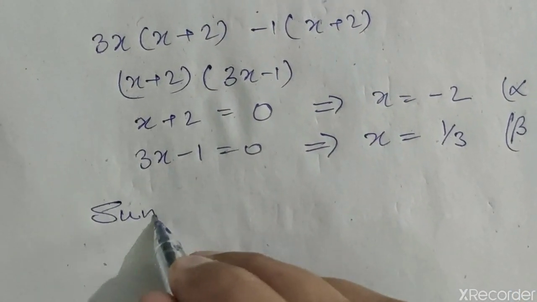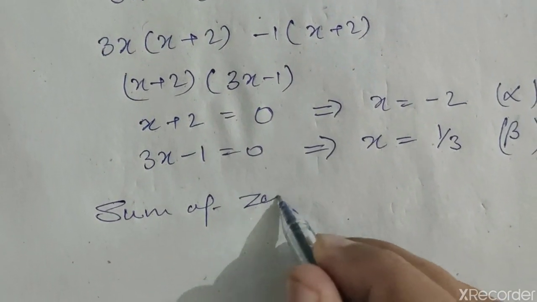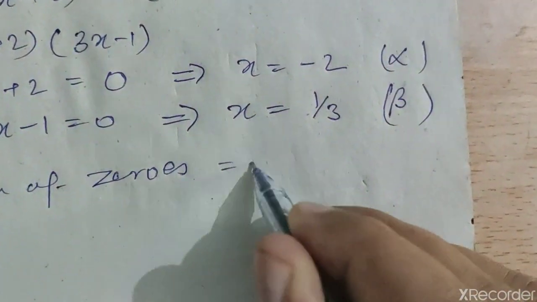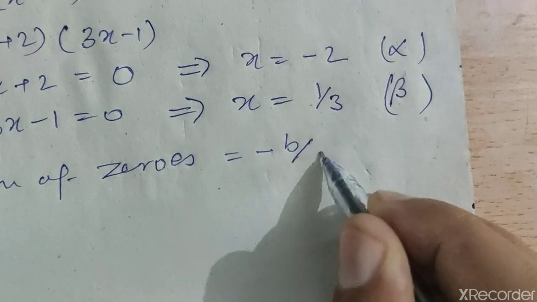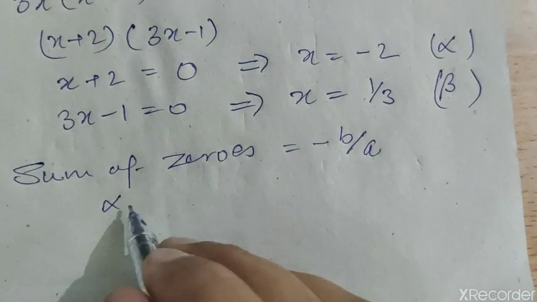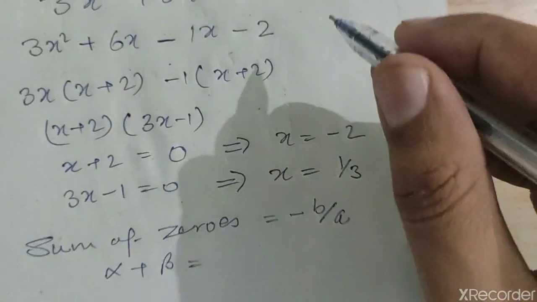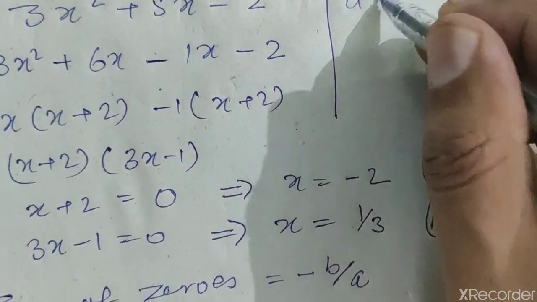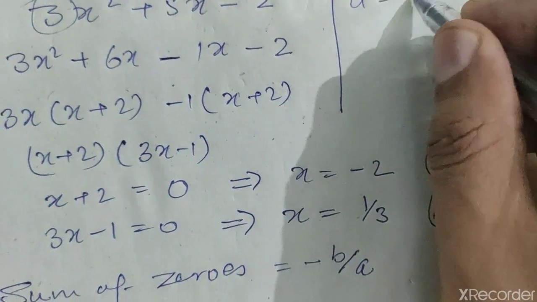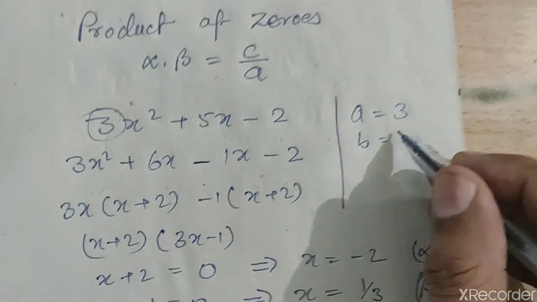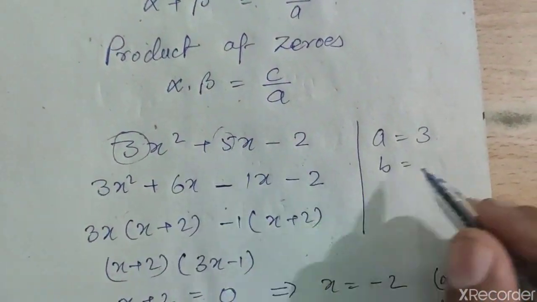So sum of zeros is equal to minus b upon a. Alpha plus beta is equal to minus b upon a. I am writing a, b, c over here. a is the coefficient of x square, that is 3. b is the coefficient of x, that is 5.